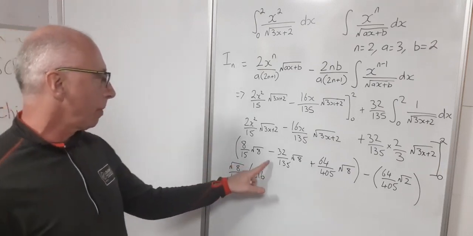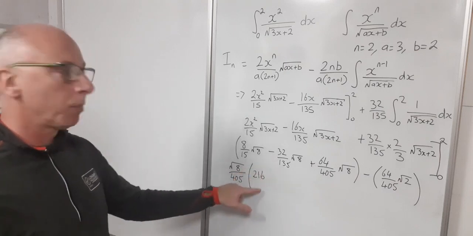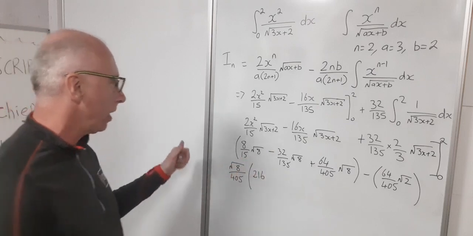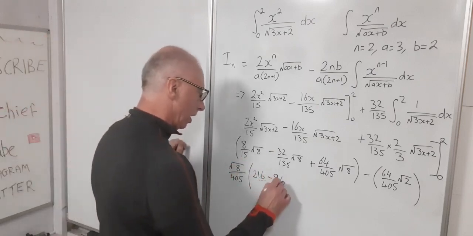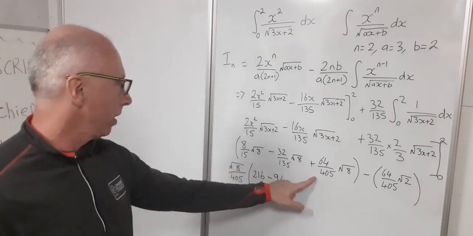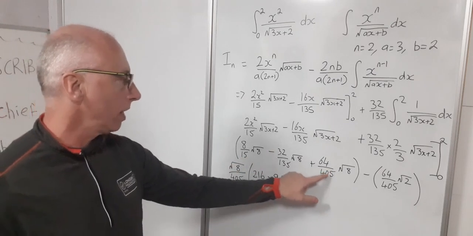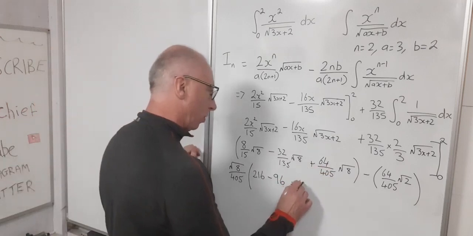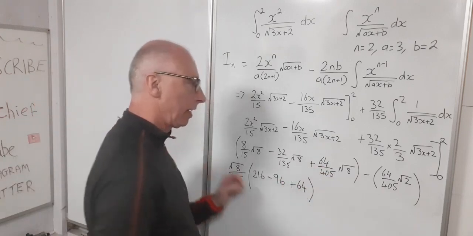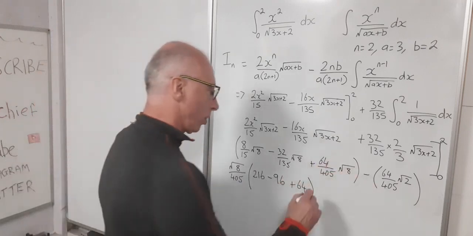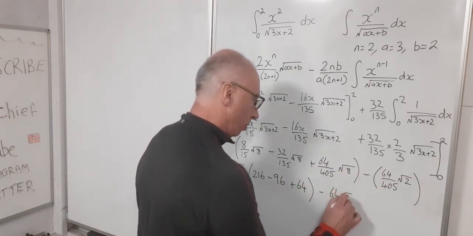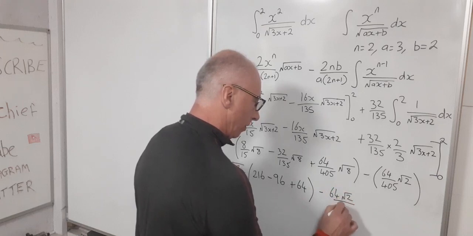Okay, now what about this one? 135, so I need to multiply by 3, so that's minus 96. Square root of 8 is still there, so that's minus 96. This one here, 64, 405 stays, so I've got 64, square root of 8 has gone out, so that's plus 64. Okay, let's have a look at this one. So this one's square root of 2, so minus 64 root 2 over 405.